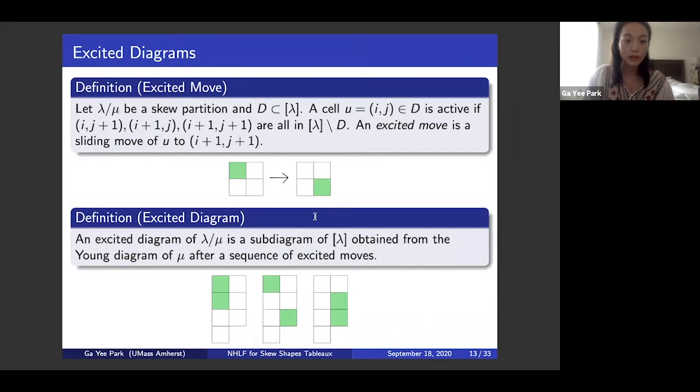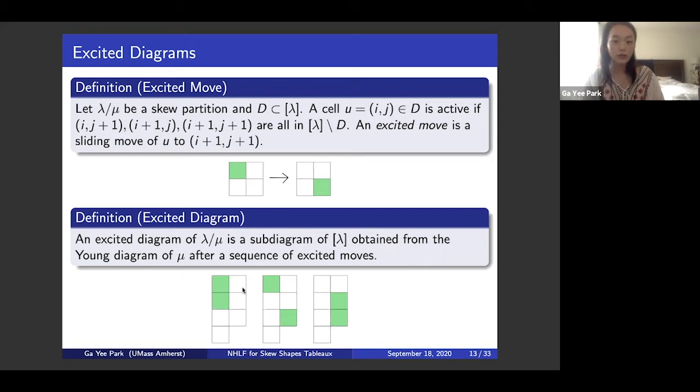So let me explain the excited diagrams. You obtain them by performing excited moves. Given a skew shape, color in the mu parts, and you can perform excited moves on these mu cells. There are a lot of words here, but basically, given a colored cell, if the cells to the right, to the bottom, and to the diagonal are available, then you can slide it down diagonally to that box.